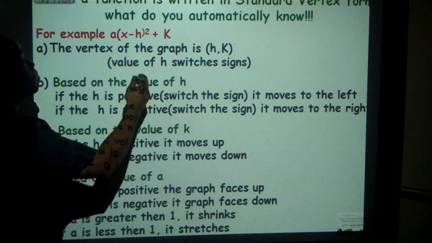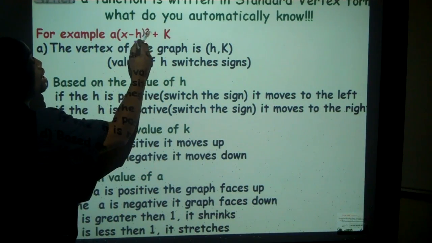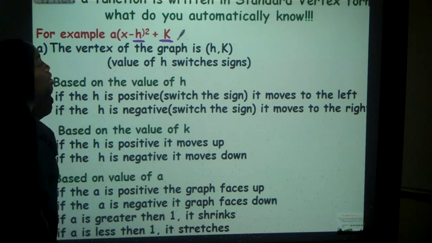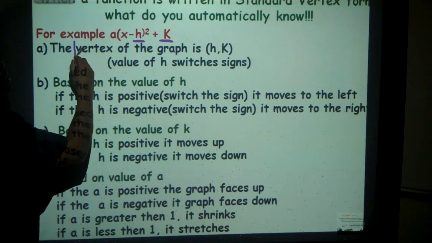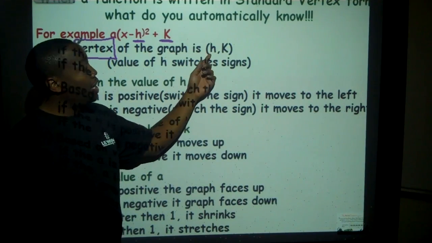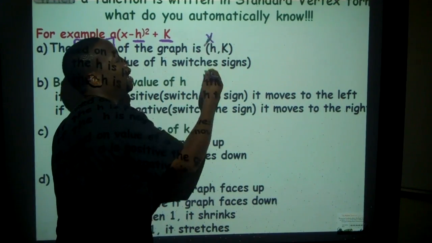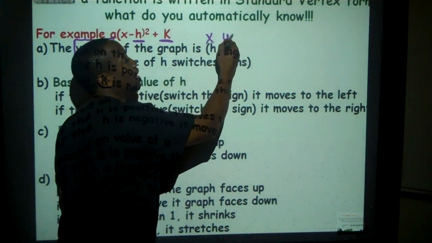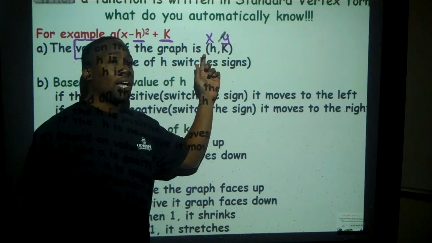So first thing we're going to talk about is the h and the k. The h and the k are what of the graph? The vertex of the graph. The h represents the x and the k represents the y.